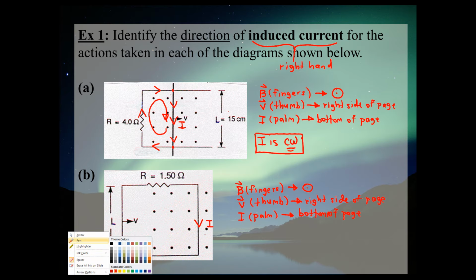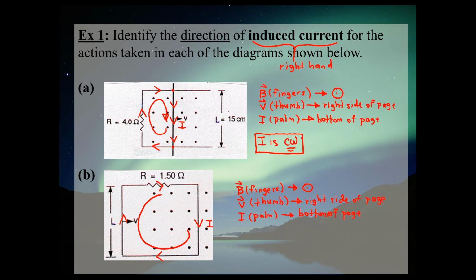Therefore, if we draw it, current gets induced in the magnetic field, so that would be directed downward. Then it would go towards the left, then up, then right. And once again, if I look at the direction of induced current in that circuit, it would also be clockwise.